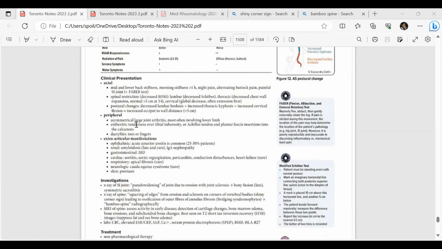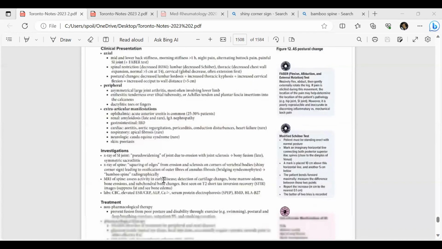So extra-articular manifestations will be psoriasis, anterior uveitis, and inflammatory bowel disease, and aortitis, aortic regurgitation, pericarditis, and conduction disturbance. So these are the common. Rest three are rare as well.